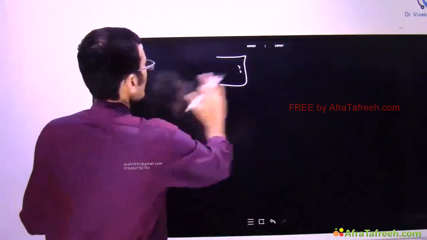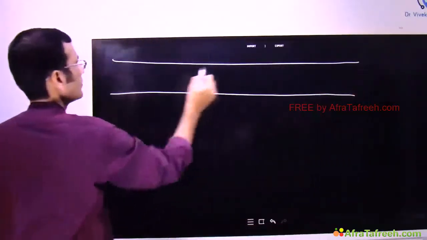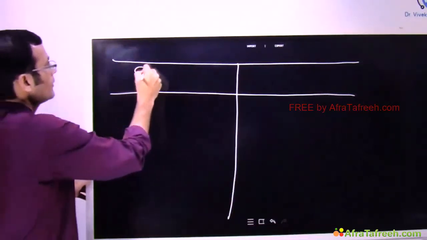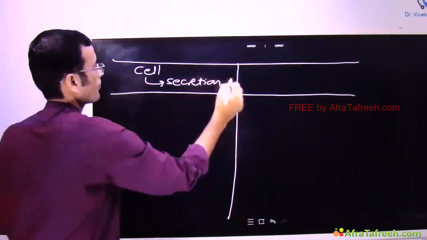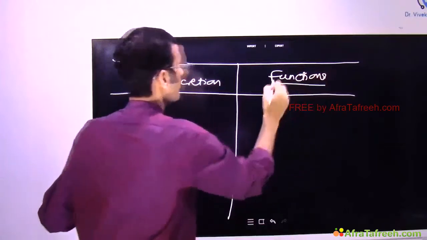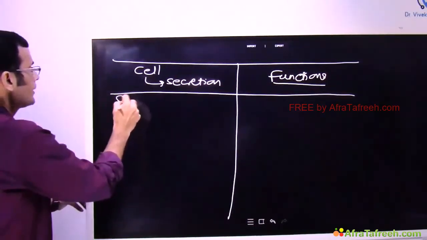So first, let us see the regulatory peptide secretions in the digestive tract. We will see the cell and its secretion, and then its functions. So let us start with the stomach.